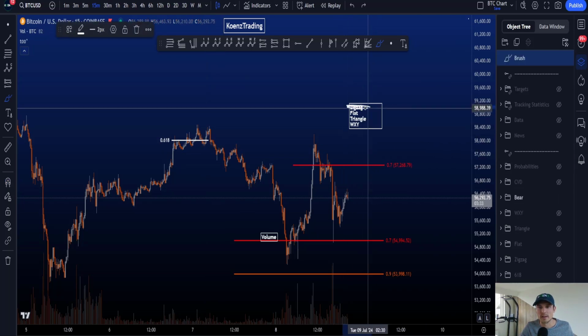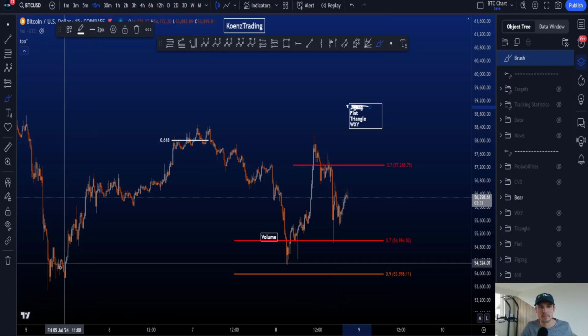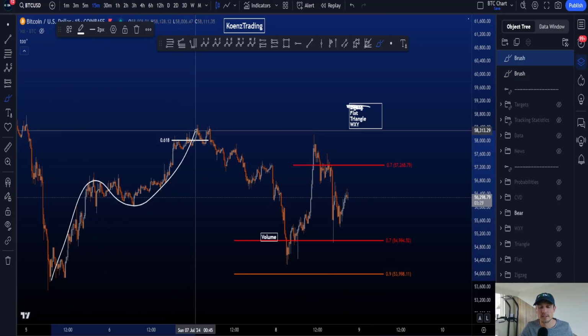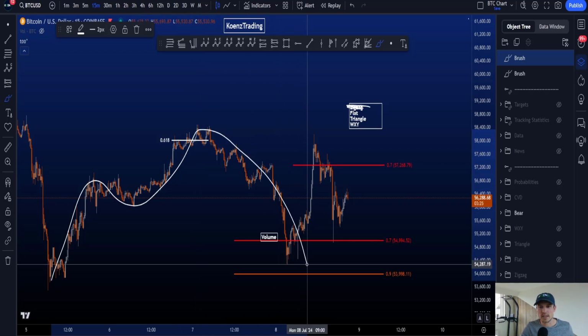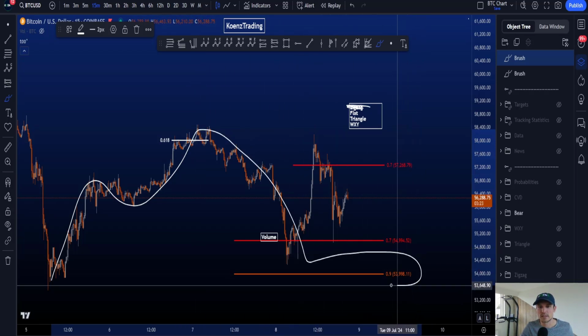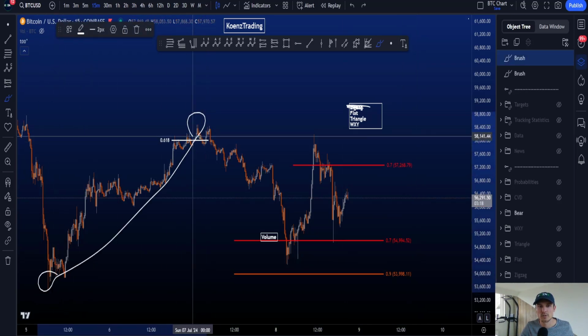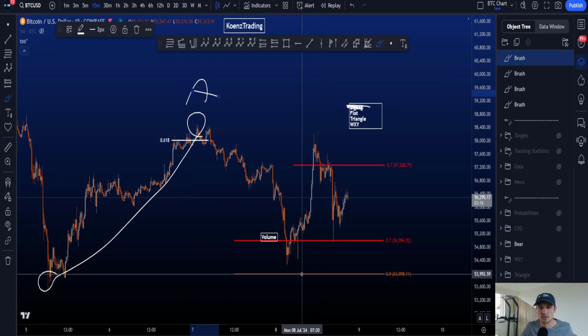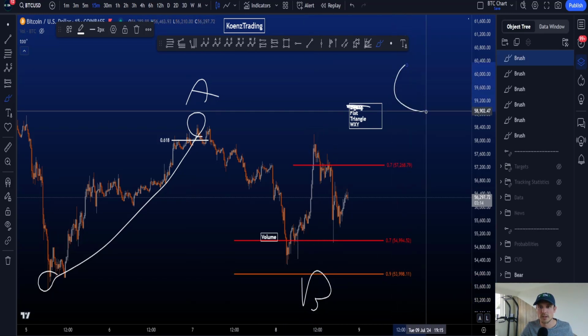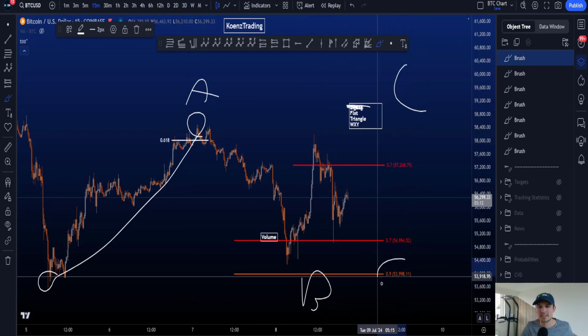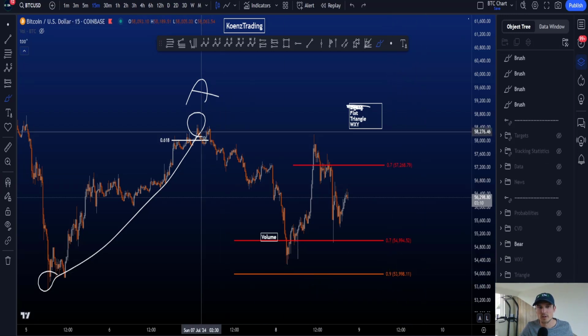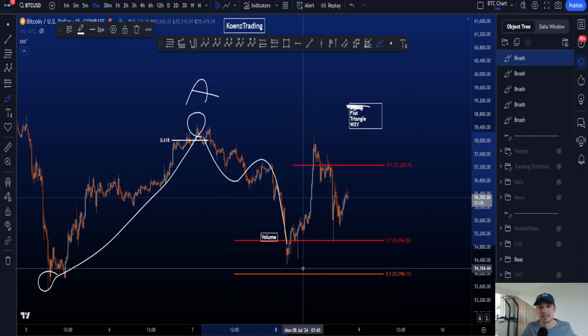So if we then look at a flat structure, well, for a flat, we then need to count a 3-wave A, again, that's then your ABC, and then you need a wave B to the downside. The minimum target for a flat would be the 0.9 Fibonacci taken from the low to the high of your wave A, because you're looking for an A, B, and then a wave C. But you can see we did not touch the 0.9 with this 3-wave structure to the downside.